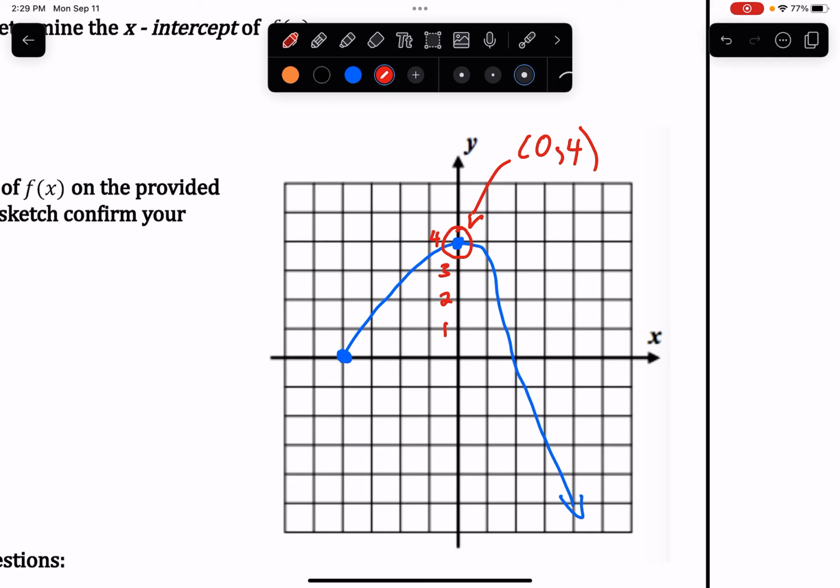Remember that when we are locating a point on the coordinate plane, we look at the x-axis first. So this point 0, 4 is literally telling us, to get to that point, we go horizontally 0, we don't move. And then we go up 4 units. 1, 2, 3, 4.